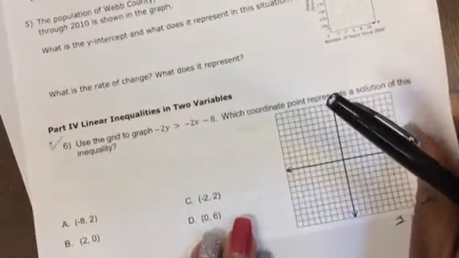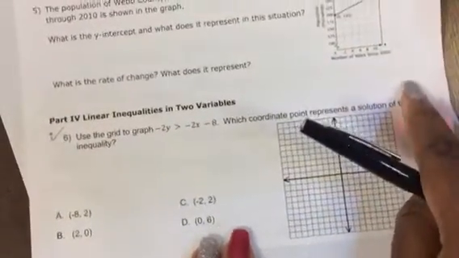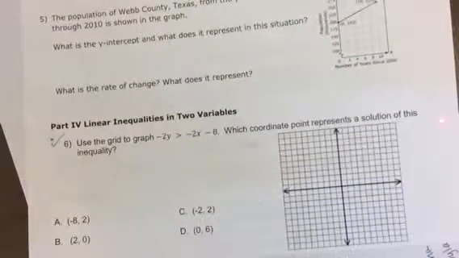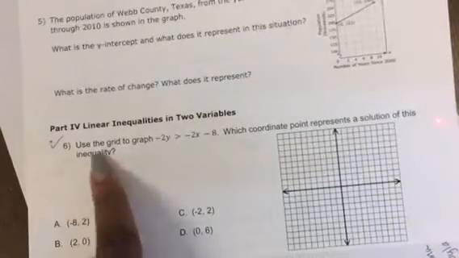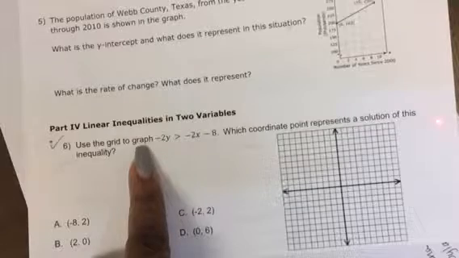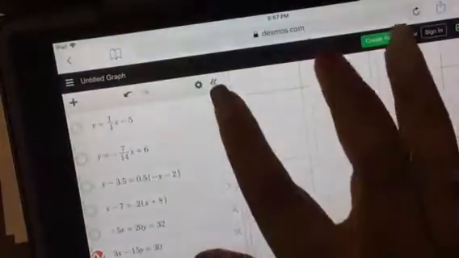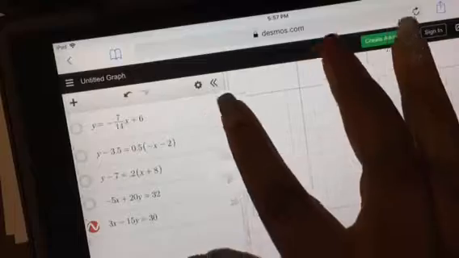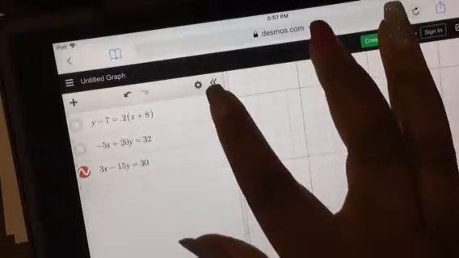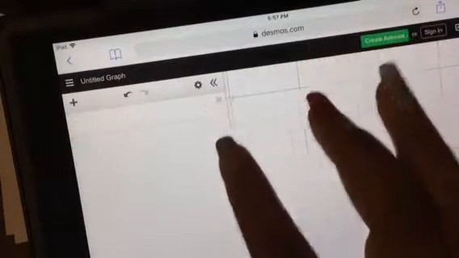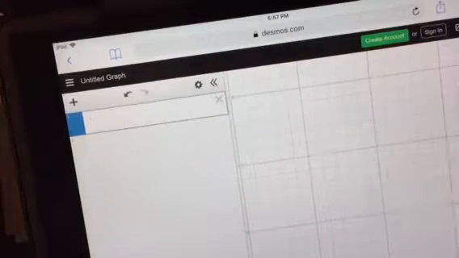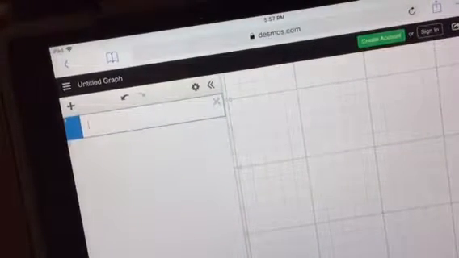Let's go to number 6. Number 6, we're going to graph on Desmos. It says use the grid to graph. That's your indication that you're going to graph on Desmos. So I'm going to clear out my graphs by hitting the X. And I'm going to put in the new graph.